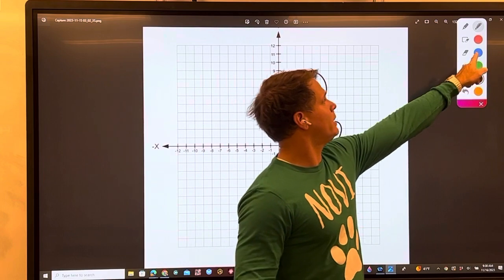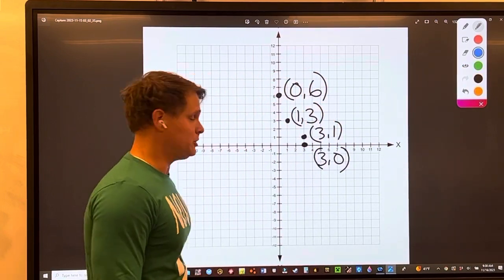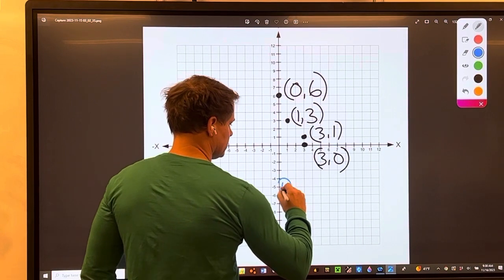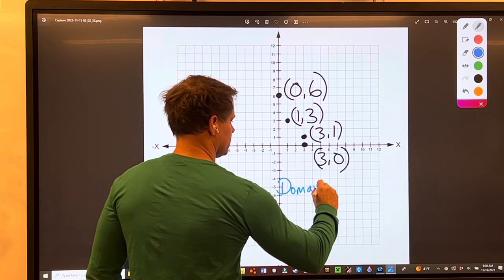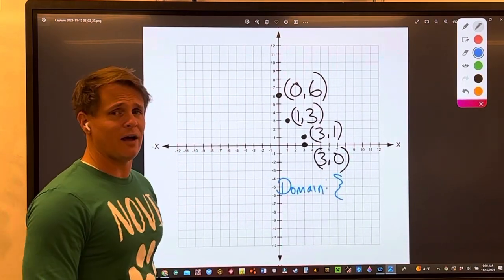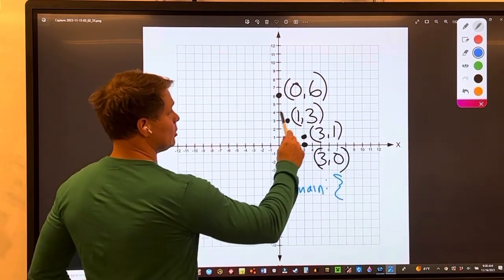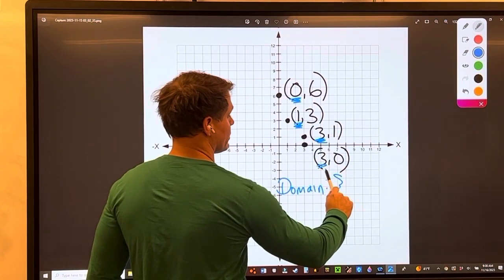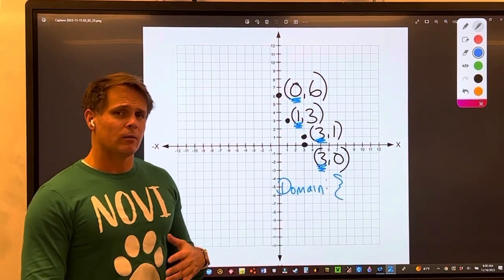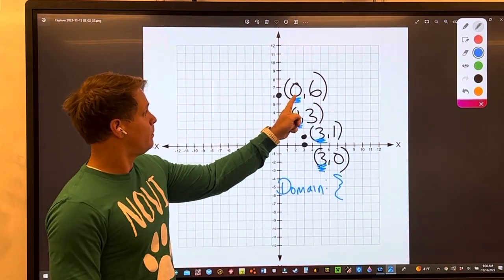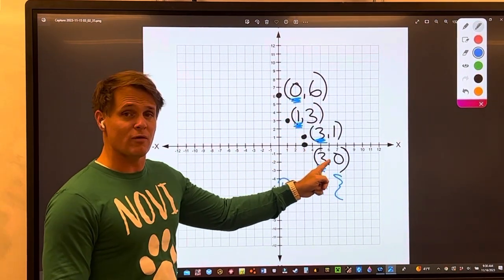So I'm going to write the domain, or the x values. So the domain for this would simply be the x values in ascending order. Let's take a look at the x values. I got a 0, a 1, a 3, and a 3. So I have a repeating set of 3s. I have 2 3s. So I have 0, 1, and 3 in ascending order.